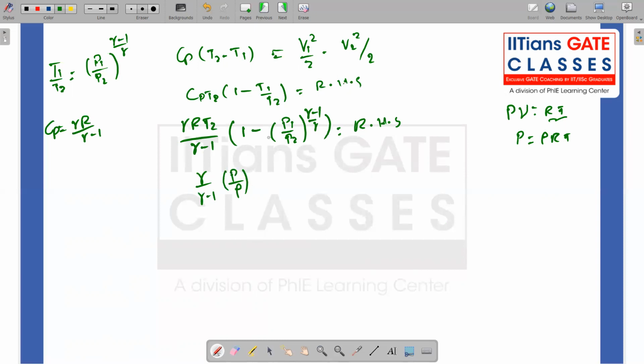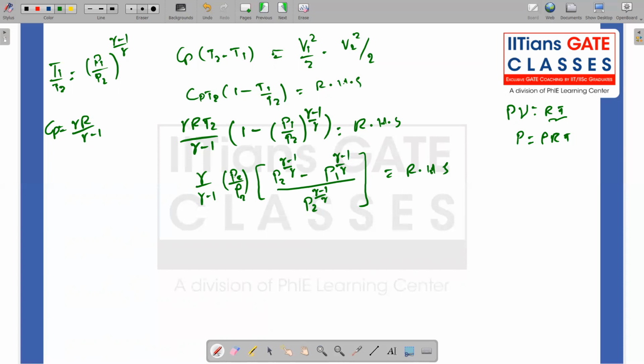If I take the LCM of this, that becomes P2 to the power of gamma minus 1 by gamma minus P1 to the power of gamma minus 1 by gamma, whole divided by P2 to the power of gamma minus 1 by gamma. So this is T2, which is nothing but P2 by rho 2, right? Equal to RHS. All we have to do now is take the proper LCMs.